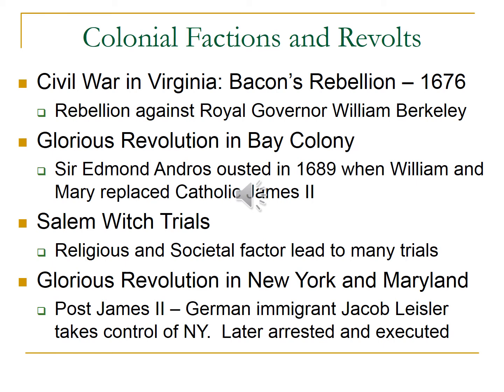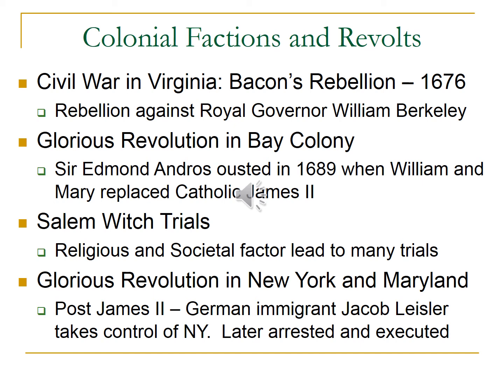Nathaniel Bacon was just a farmer that lived out in the backwoods, not a coastal person, and he was resentful that Governor William Berkeley, who was a royal governor appointed by Great Britain, was not allowing the backcountry people to protect themselves and fight the Indians on their own.